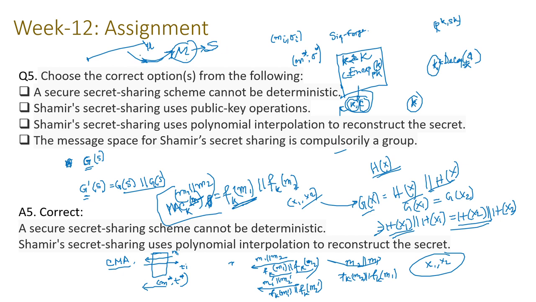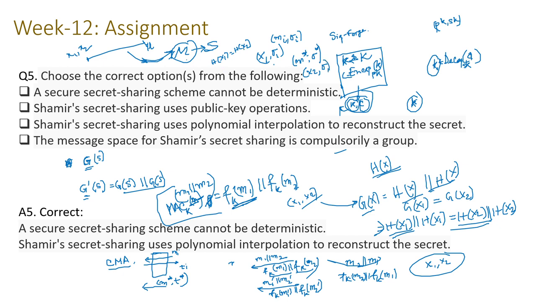Now this hash function needs to be collision resistant, because otherwise if you know some collision, say x1, x2, for this hash function, that means h of x1 is equal to h of x2. If you have already seen the signature sigma 1 corresponding to x1, then you can also come up with a new message signature pair x2, sigma 1.